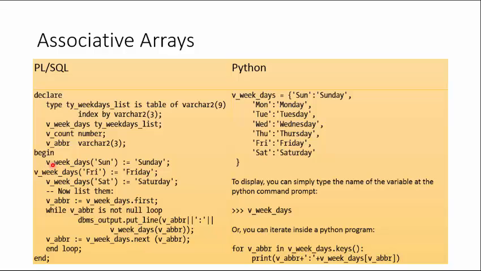So here you can see v weekdays sun, this is the key and this is the value, if you will. Actually in PL SQL this is called the index, and this is the value. In the case of Python, you use curly braces, you do key colon value comma key colon value comma, etc. and you define it.